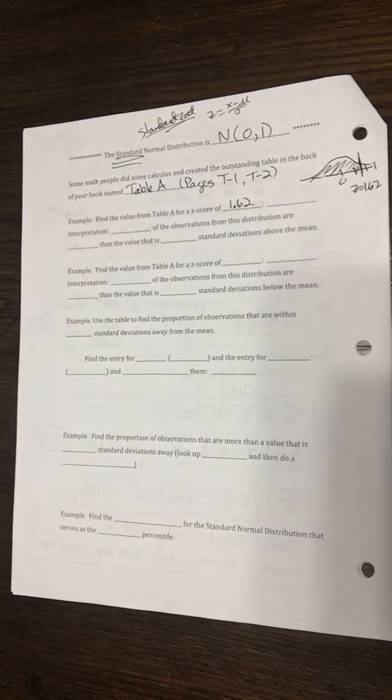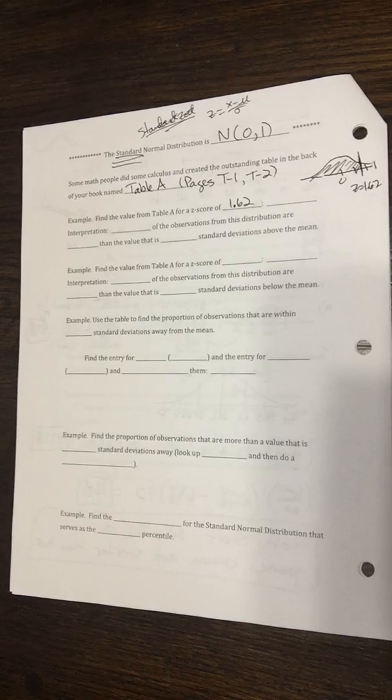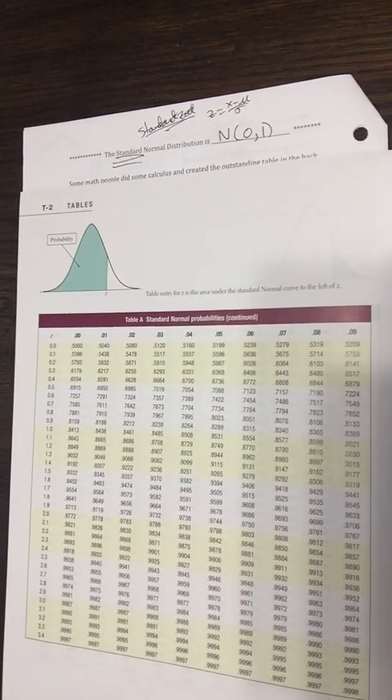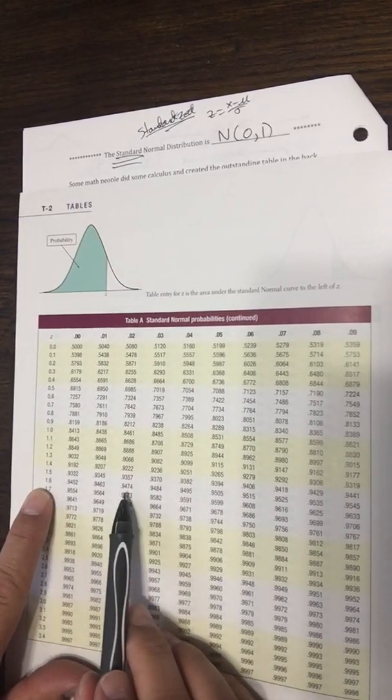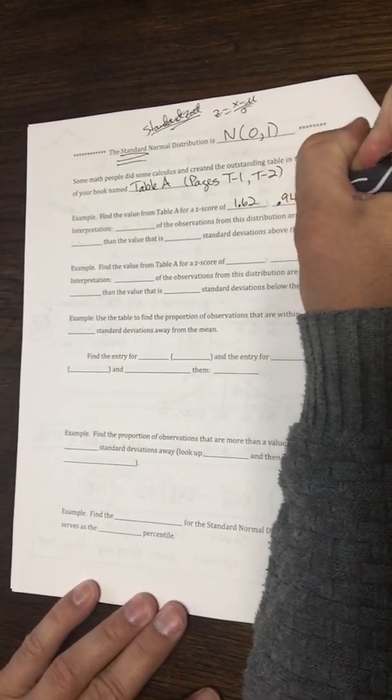Okay, so here we go. Find the value from the table for a z-score of 1.62. So I'm going to bring the book back in here, and 1.62, I would go to 1.6, and then I go over until I hit 1.62. That number is 0.9474. So let me write that in the notes. 0.9474.